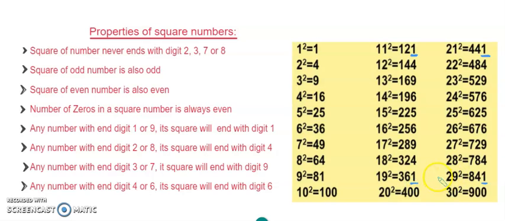Next, any number with unit digit 2 or 8, its square will end with 4. Like 2 squared is 4, 8 squared is 64, 12 squared is 144, 18 squared is 324, 22 squared is 484 and 28 squared is 784.